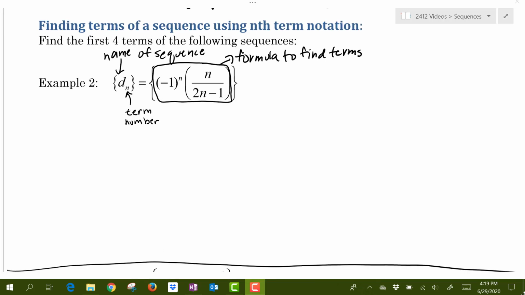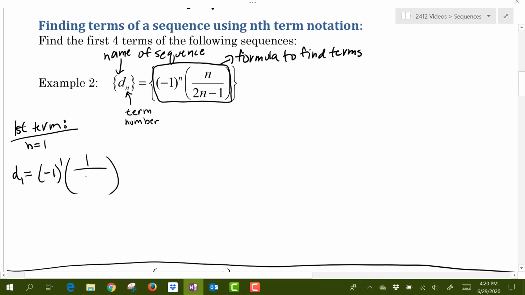In this example, we're asked to find the first 4 terms of the sequence using this new notation. Let's say that we're asked to find the first term. To find the first term of the sequence, we set n equal to 1. Everywhere that we see an n, we replace it with a 1. So d sub 1 is equal to negative 1 to the power of 1 all over 1 times 2 times 1 minus 1.